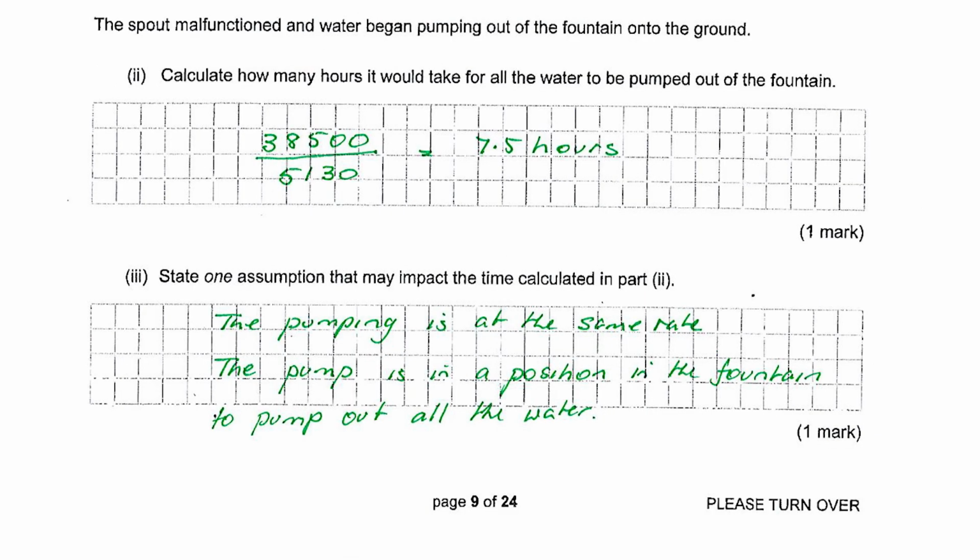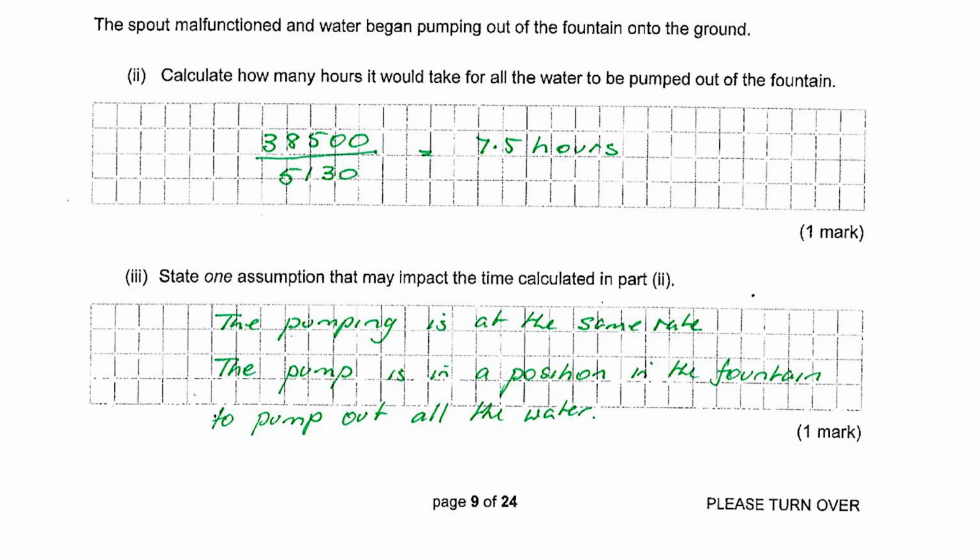And then how many hours it would take for all the water to be pumped out of the fountain. So using that 38,500 litres and dividing it by the litres per hour, about 7.5 hours, but the follow through was there as well. So if they had a different answer for the litres in the fountain and the litres pumped, then they used that correctly.